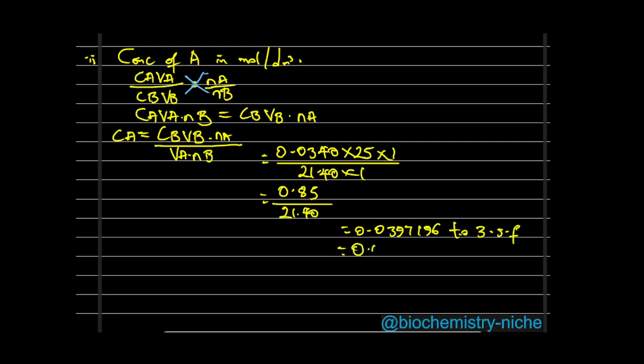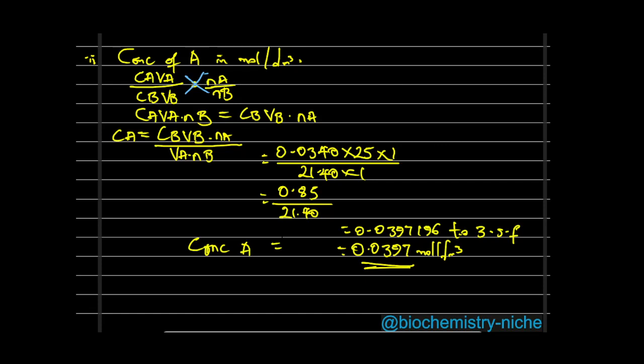It gives us 0.0397 moles per dm cube. That is the concentration of A in moles per dm cube.